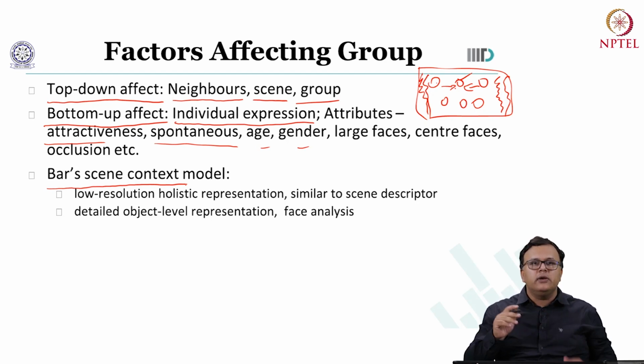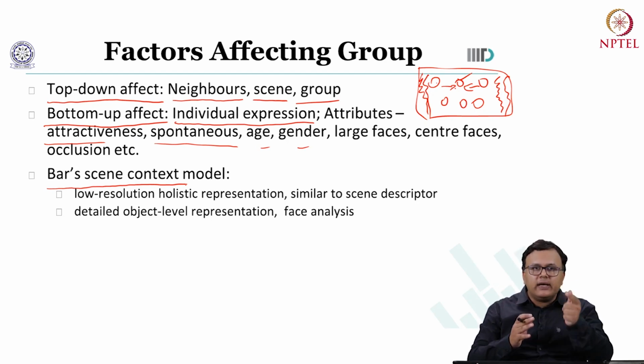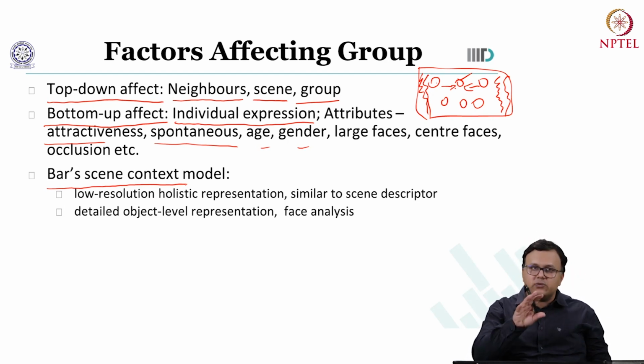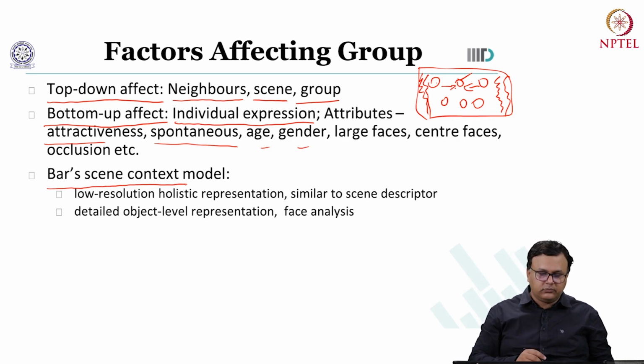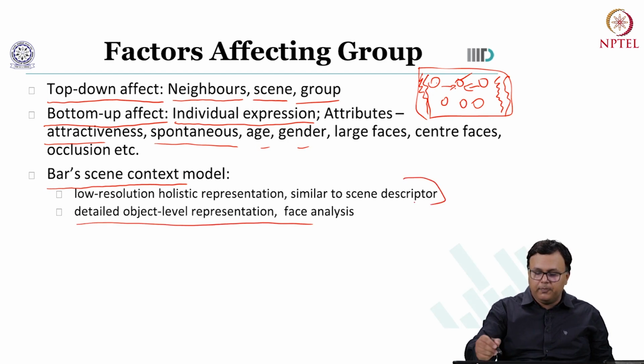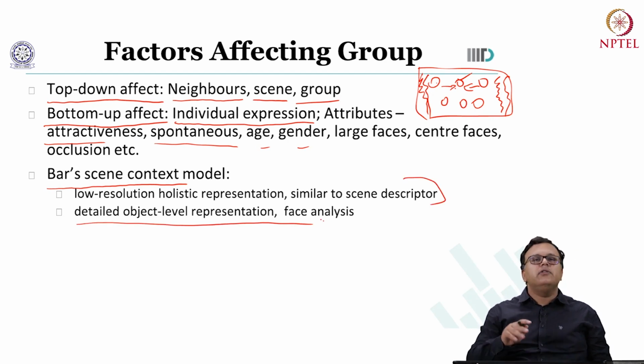What that means is, you are looking, let's say, at a scenery. Now, you will do a quick scan, look at the low resolution version of the scenery and then maybe fixate on the house which is there just beside the mountain, because that is what is of interest to you. So, in that way, first you are looking at the overall group, then you are looking at the individual people.